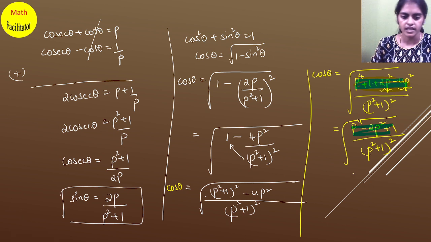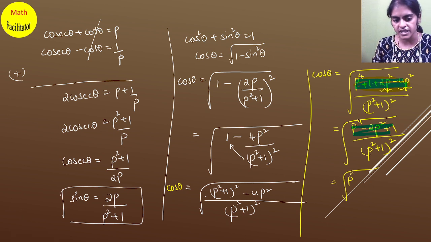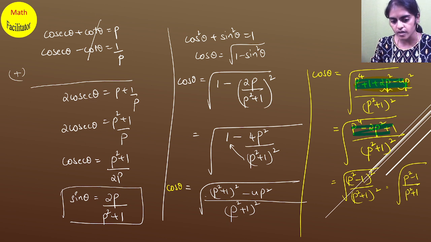So that is equal to root of P square minus 1 whole square divided by P square plus 1 whole square. Now you have squares on both of them. So root over, I can write as P square minus 1 by P square plus 1, total whole square. Numerator and denominator have squares, so both the square and square root cancel. So you get finally cos theta equal to P square minus 1 divided by P square plus 1.